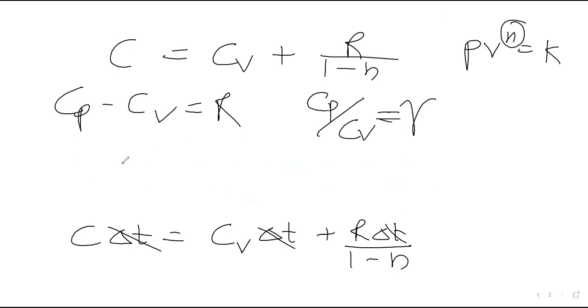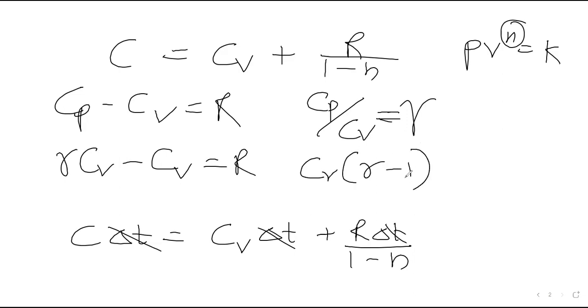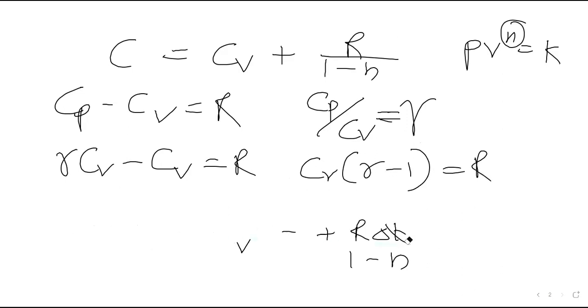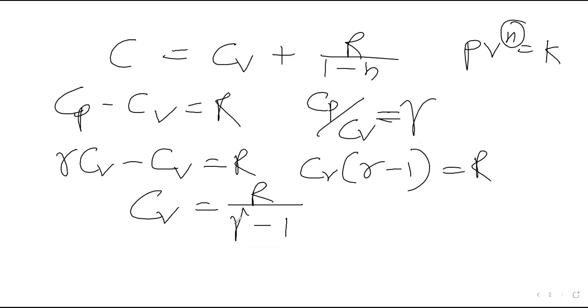If I replace Cp as gamma Cv, minus Cv is equal to R. By simple algebra, I can take out Cv common. What I get inside the bracket is gamma minus 1, equal to R, and we get Cv is equal to R upon gamma minus 1, where gamma stands for the ratio of the specific heats.